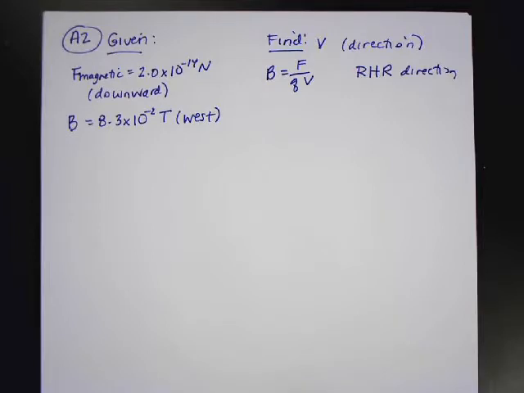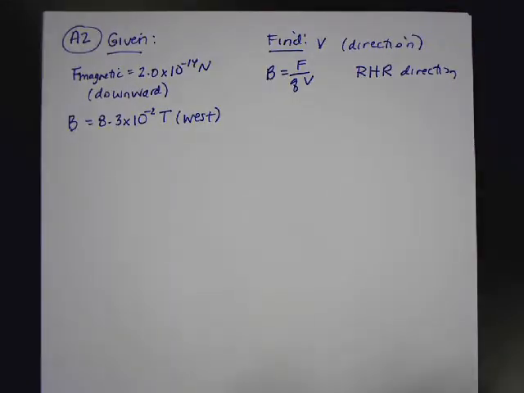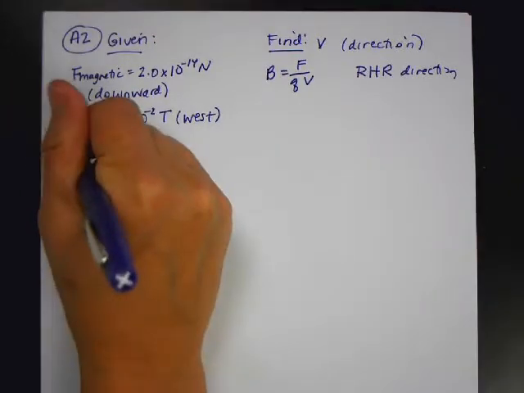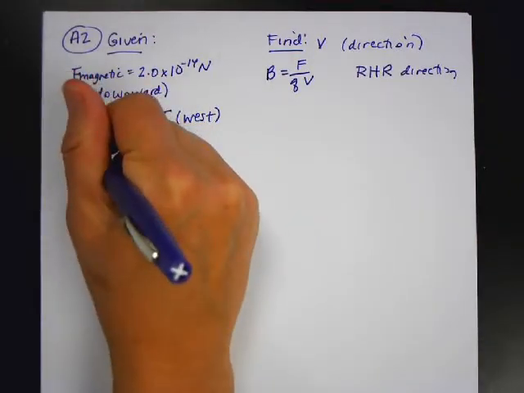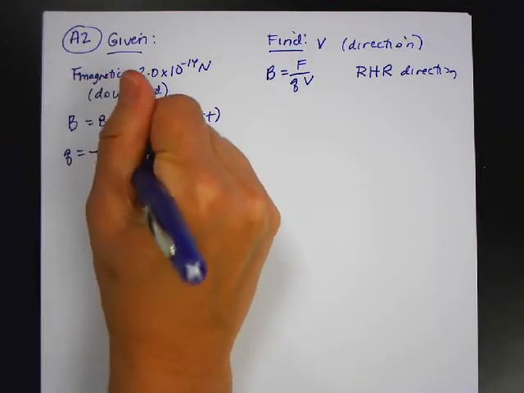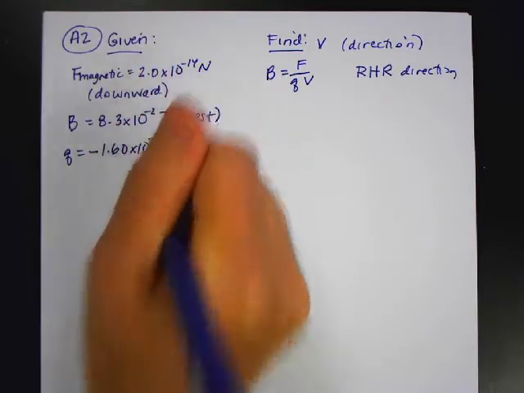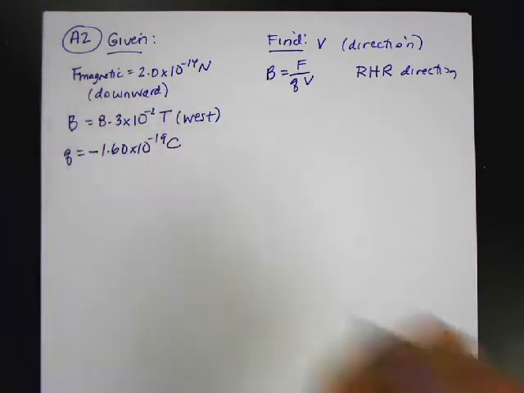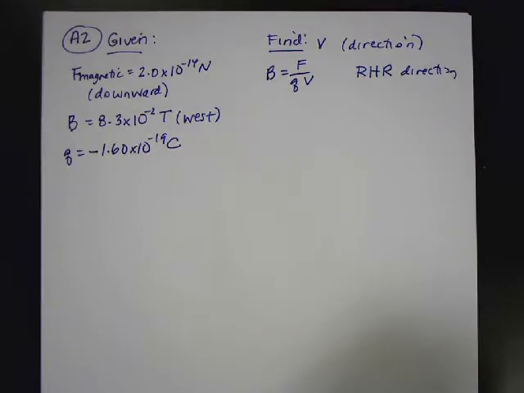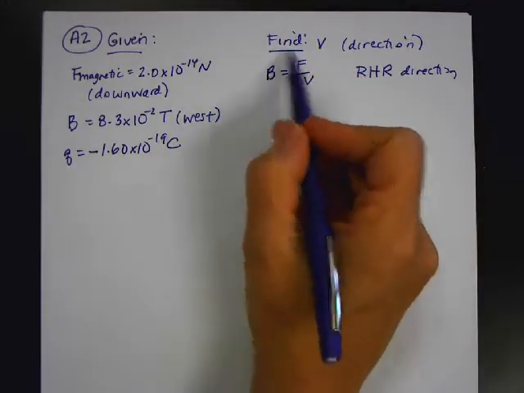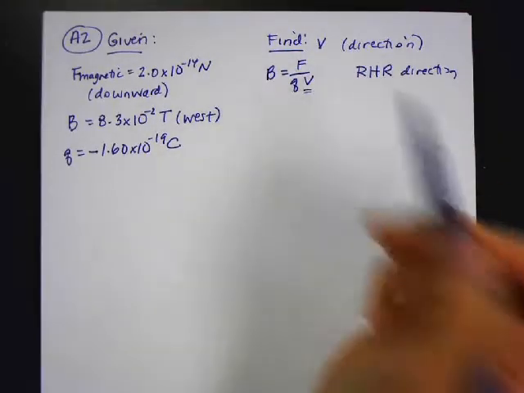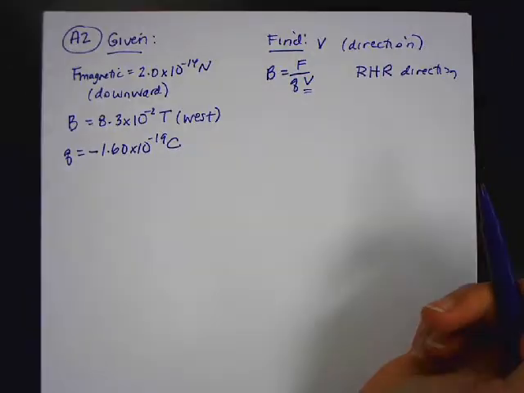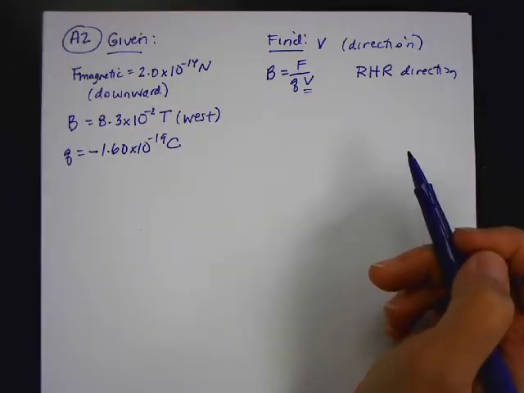Now, before I go on, I need something else in my given. So they told me it's an electron, so I know that the charge of an electron is negative 1.6 times 10 to the negative 19 coulomb, because we've done that before. So what I'm going to do first is I'm going to rearrange this equation to solve for V. Okay? So you can do it in little steps.